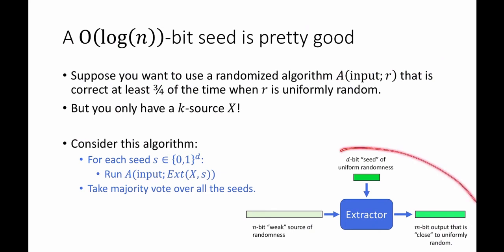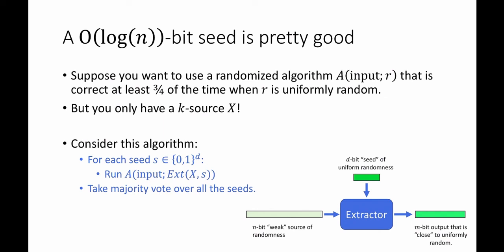Well, I can use an extractor, like we saw before, even though I don't have a seed. How do I do it? Well, basically I'm just going to exhaust over all possible seeds. So consider this algorithm. For every seed S in 0, 1 to the d, now if d equals big O of log n, there are polynomially many such seeds, so this is computationally feasible.